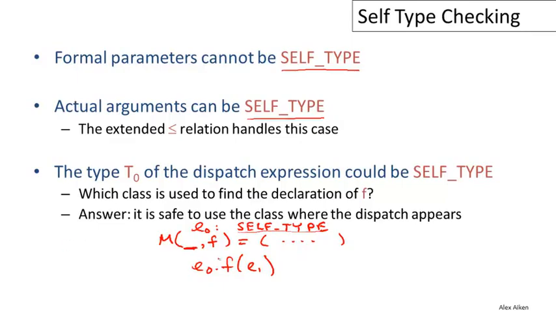Well, if this whole thing is occurring in class C, if we're type checking in class C, then it's safe. Then this is a self-type sub C, and as always, it's safe to replace self-type sub C by C, so we'll just use the class C, the current class that we are type checking in, to look up the method name f.